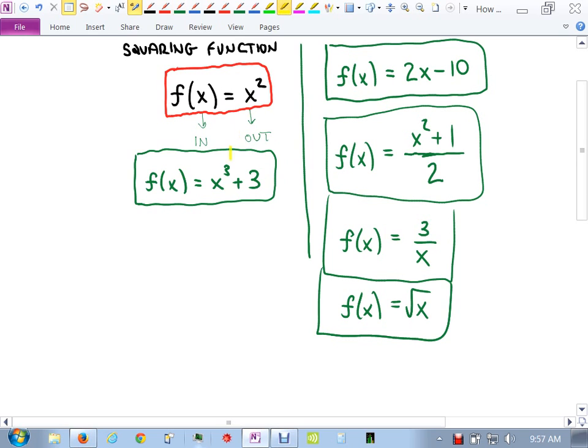So let's take these one at a time. Let's look at f of x equals x cubed plus 3. If I give you a number, any number, can you cube it? Sure. 0 times 0 times 0 would still give you 0.